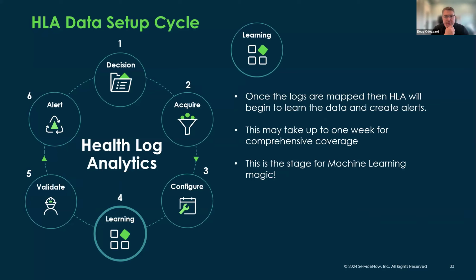Now, once the log data has been coming into your system and it is mapped, the system begins to learn your data. This is really where the machine learning magic happens. It depends on the amount of data, the type of data, and the amount of anomalies coming in.